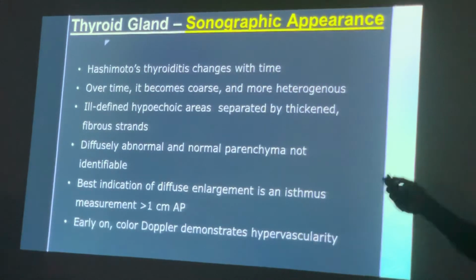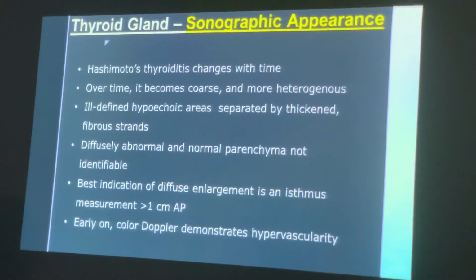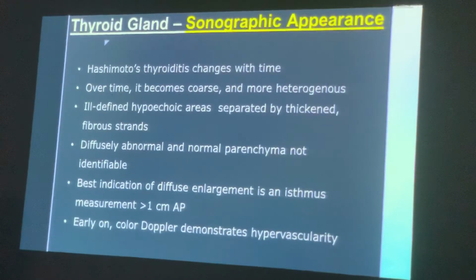It's going to change with time and vary depending on what stage of the Hashimoto's you caught the person in. Over time it becomes more coarse and more heterogeneous. It almost looks like rocks. It's very, very nodular, with ill-defined hypoechoic areas separated by thick, fibrous strands.